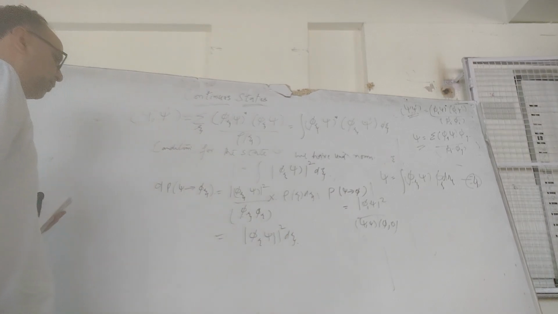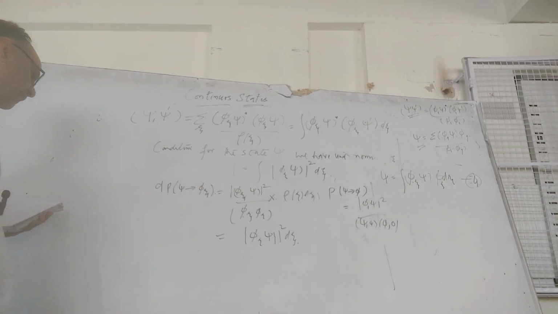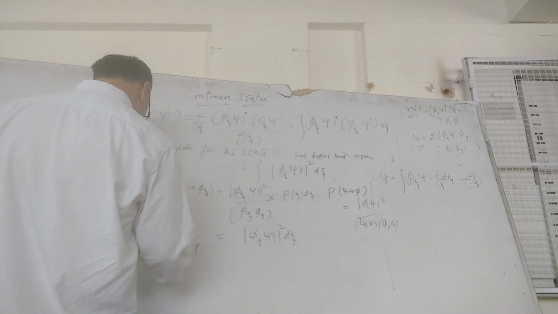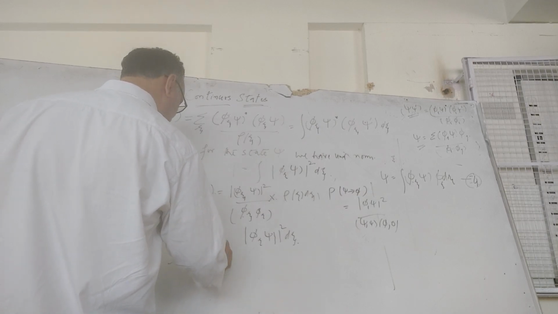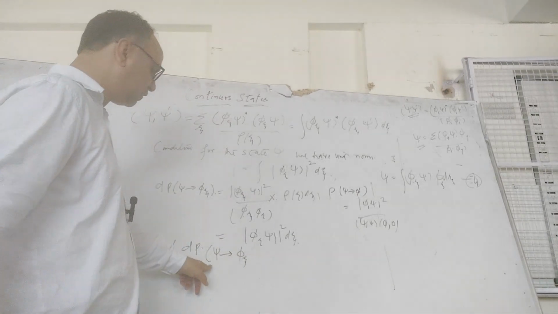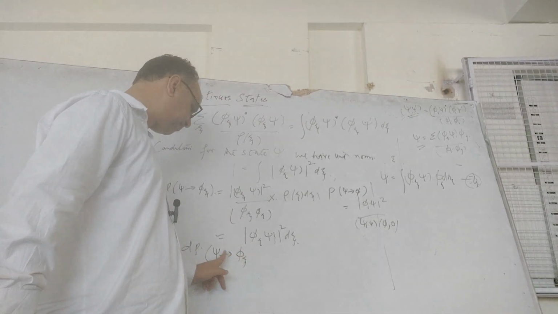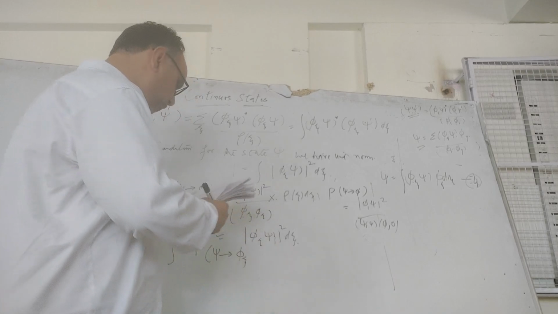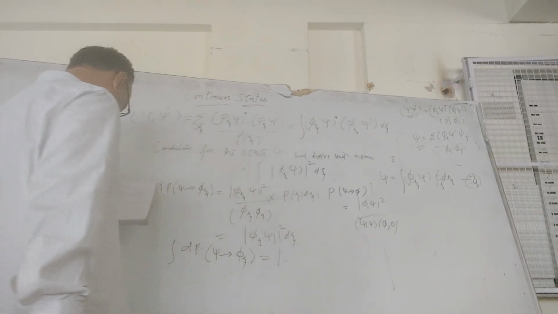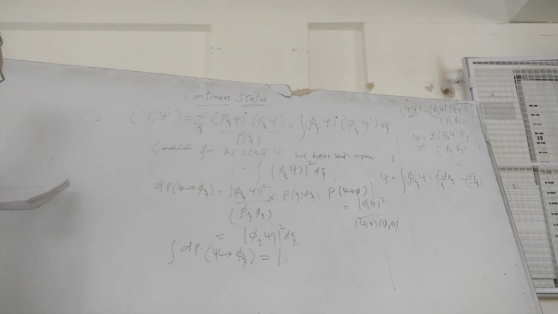This will be the probability, and the essential condition for the probability, by the Bohr rule or by general probability conditions, is that if there is a transformation of state psi to some phi, the total probability will come out to be 1.